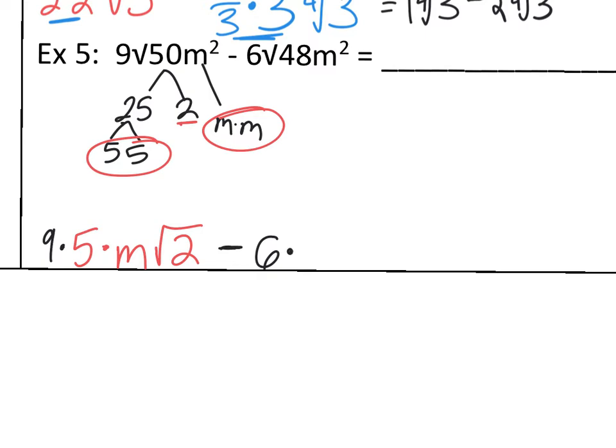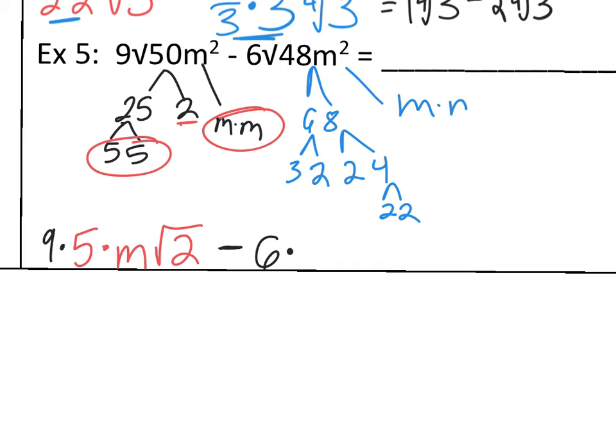Now we'll break down the 48. 6 and 8. 6 breaks down to 3 and 2, careful. 8 breaks down to 2 and 4. And I've got 2 m's.